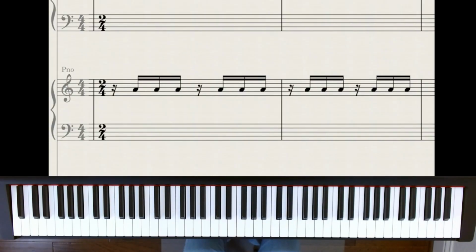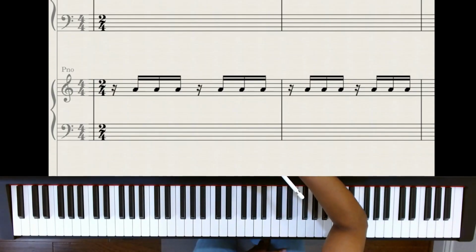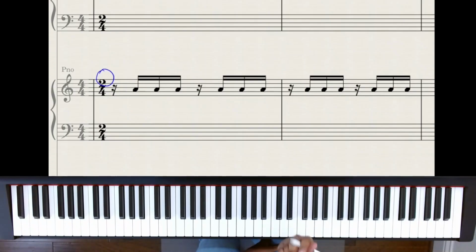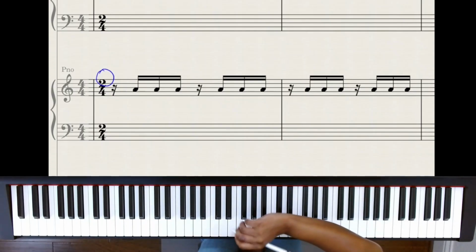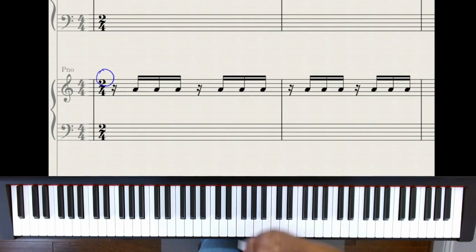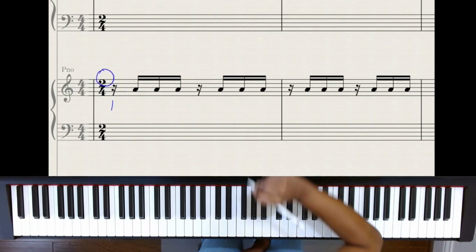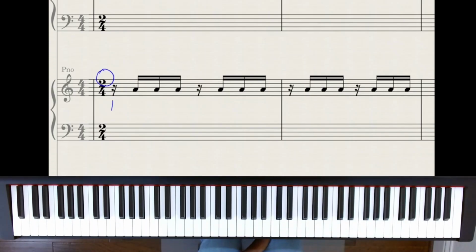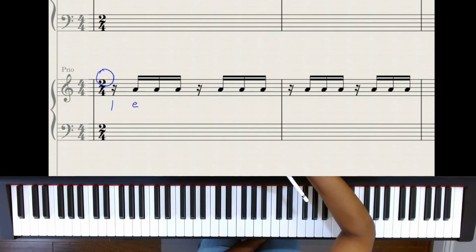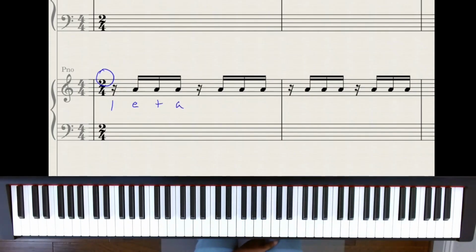Okay, so on this last example, I changed things up a bit and I made the time signature 2/4 instead of 4/4. So that's going to mean that we have 2 beats per measure instead of 4 beats per measure. So here with this 16th rest, this first one is going to be our beat 1, but we have to subdivide and use E and A for the rest of the 16th notes, because we said that a 16th note rest is worth a quarter of a beat, okay?